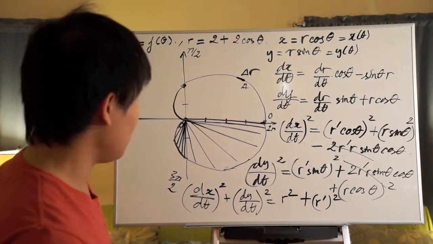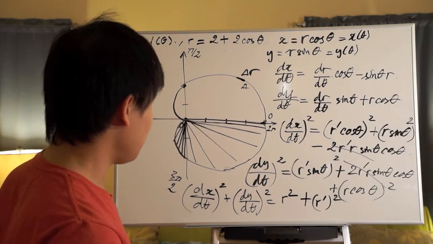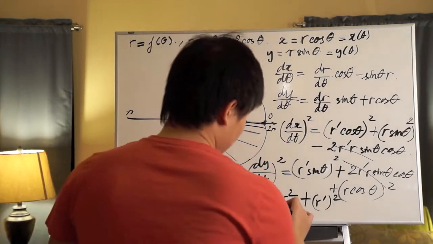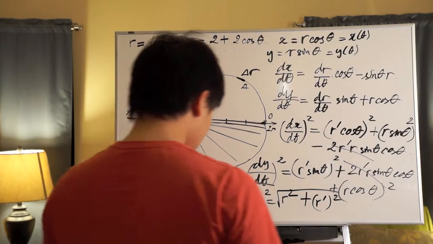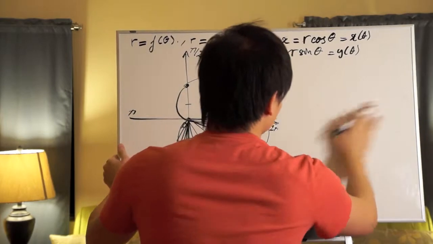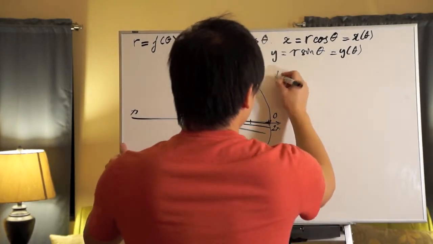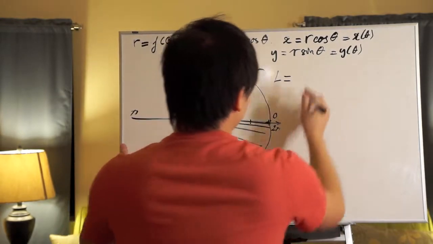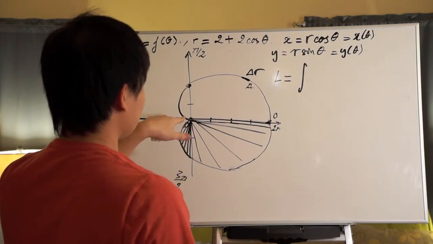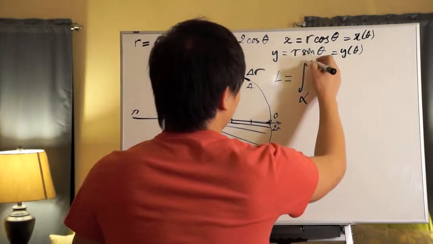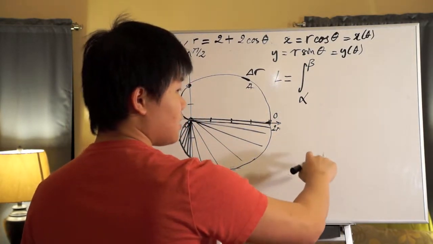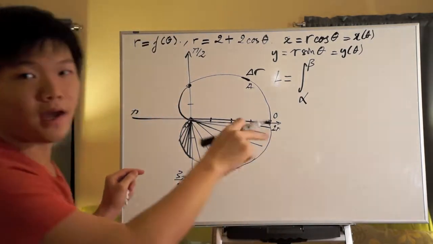Alright, now that's pretty much how we do it. And remember there's the square root here, therefore we have a square root. So let's write everything again. The length of a polar curve will be, because we calculate in terms of theta, theta going from some angle alpha to some angle beta, the integral of the square root of dx d theta squared plus dy d theta squared.